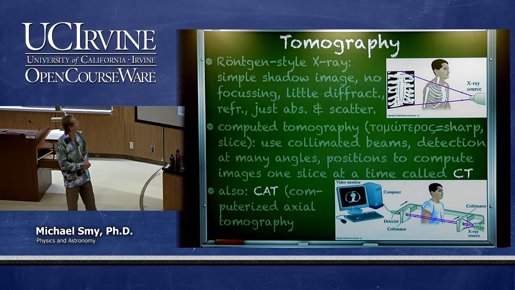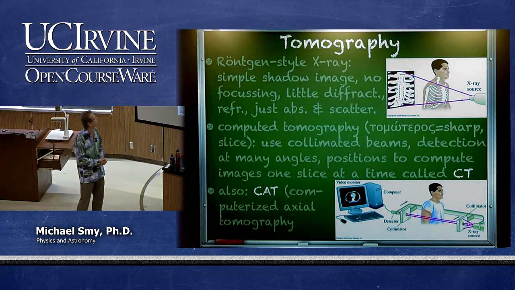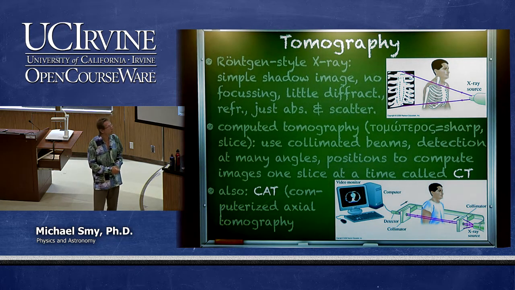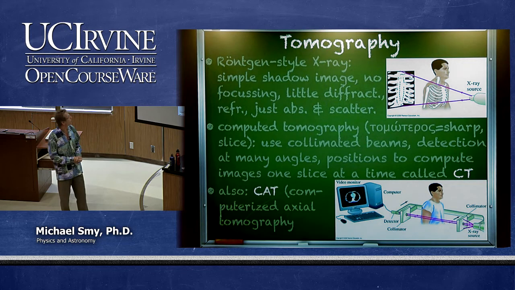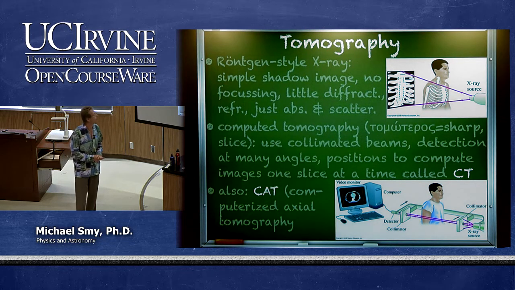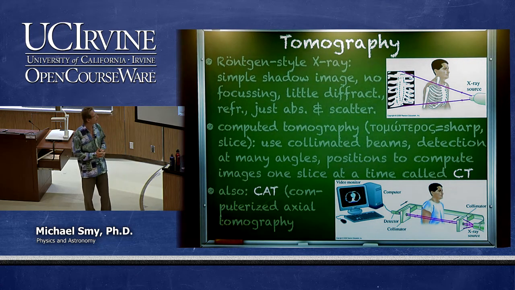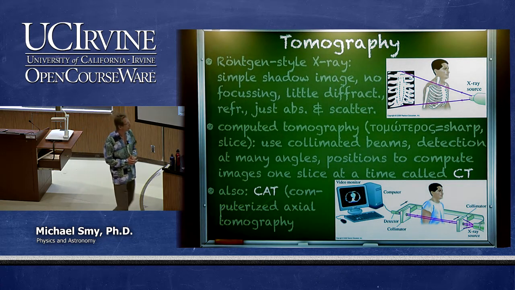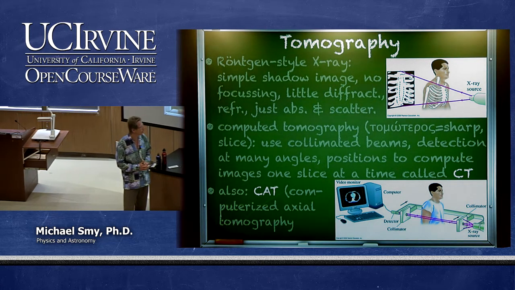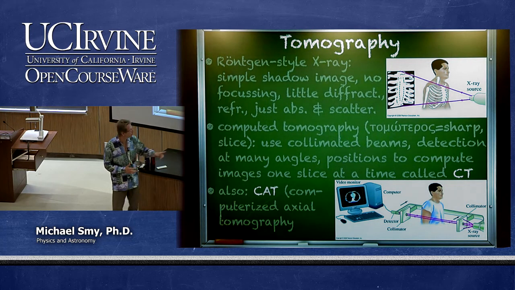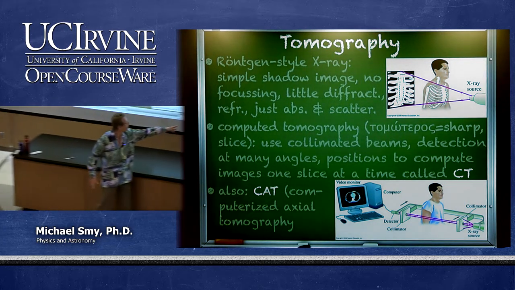There's fairly little diffraction and refraction. So it's only absorption and scattering that makes the picture. In computed tomography, tomography comes from the word tomos, meaning sharp or slice. One uses instead a collimated beam, meaning that you pass the X-rays through some hole, like in this picture down there.